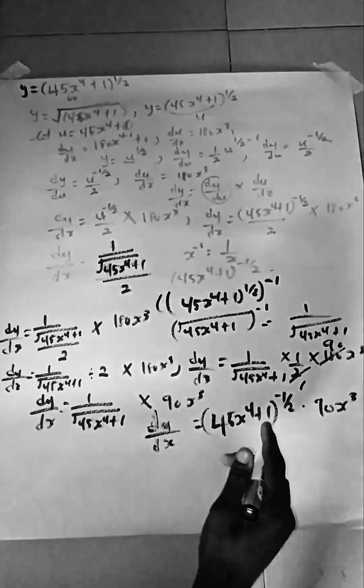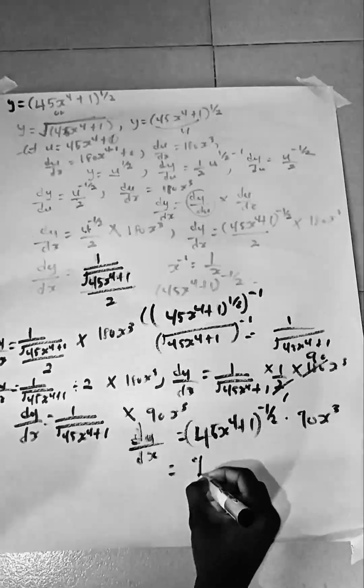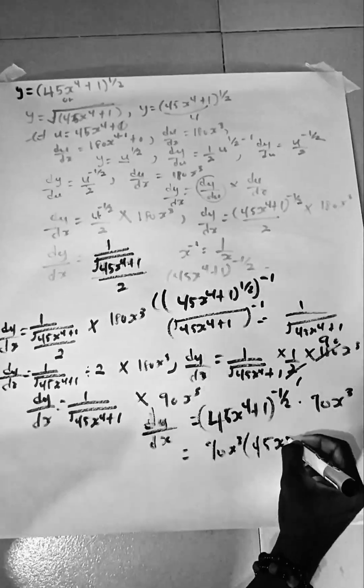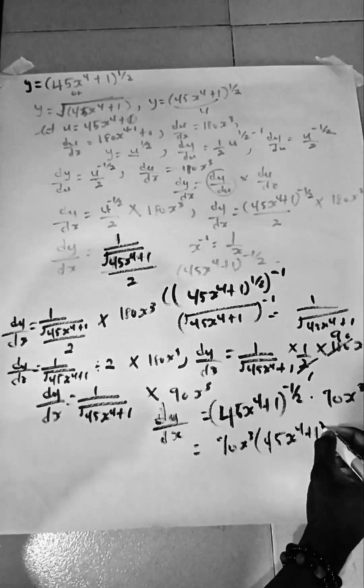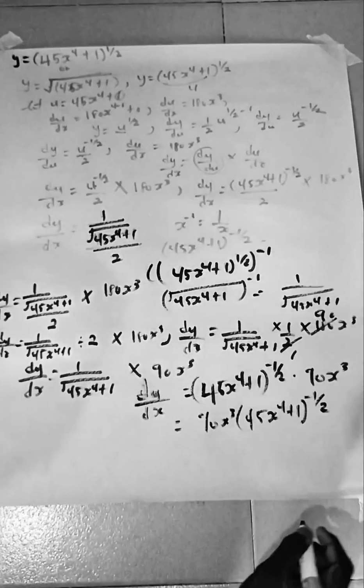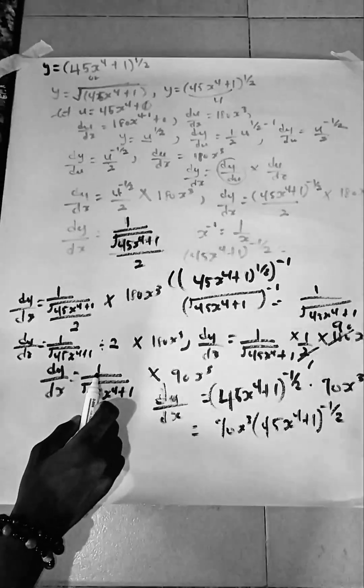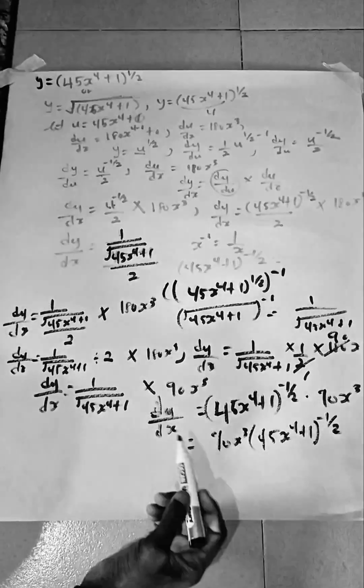So let's bring 90 to the front. dy by dx equals 90 x cubed times 45 x raised to the power 4 plus 1, raised to the power minus 1 over 2. So this is our final answer. I hope you understand the logic. Remember I said 1 over anything just means the inverse of that stuff.